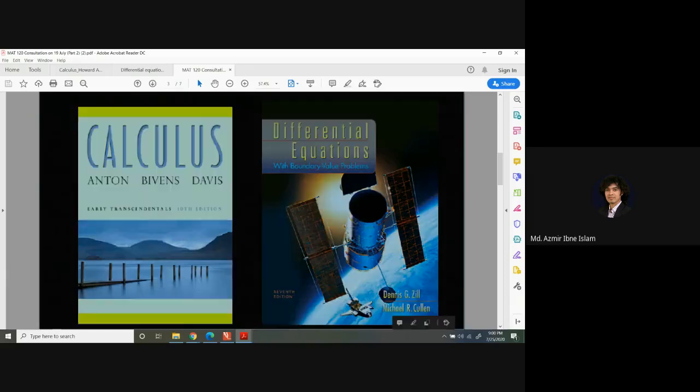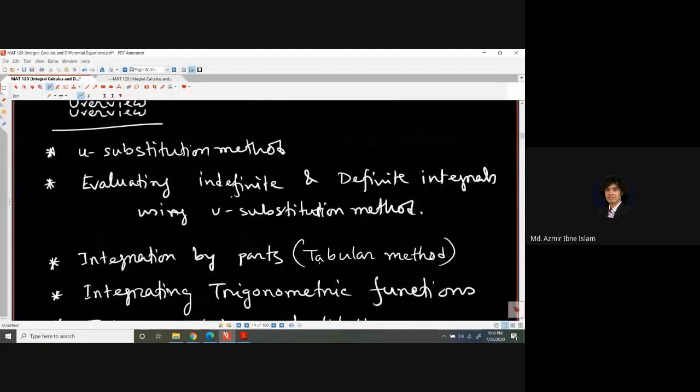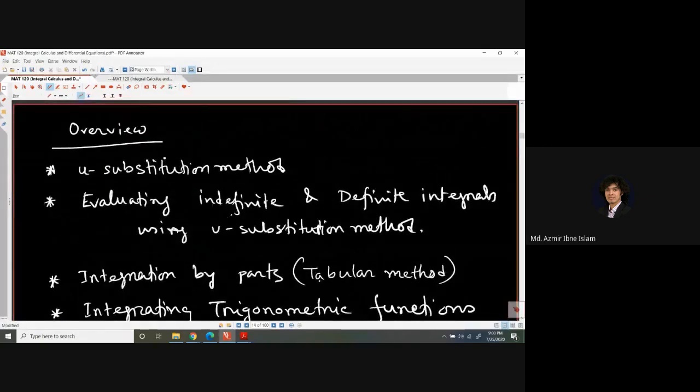Whatever contents I have written here, you will find in Ace Anton's book, that means Howard Anton's book. The U-Substitution method, you will find in section 5.3. Let me show you.